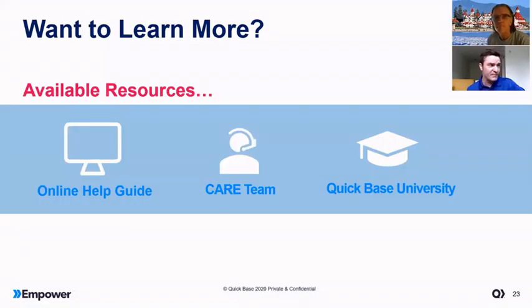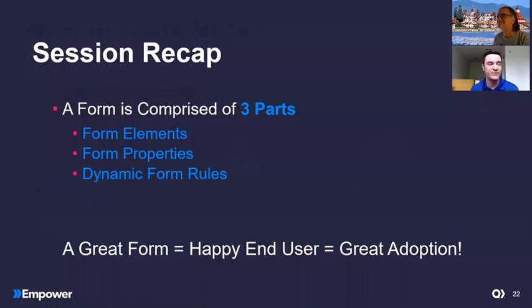Just to recap the session, we covered the 3 parts: form elements, form properties, and dynamic form rules. What I really would like you guys to take away from today is thinking about forms as making it a great experience for the end user, which equals great adoption. So people want to use your apps, work in them every day, and use them correctly.